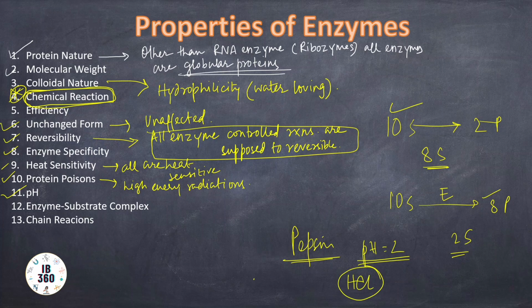Otherwise, pepsin wouldn't be active. Salivary amylase, which is also known as ptyalin, is active at almost pH 7, or 6.8 to be precise, in our mouth, in saliva. So all these things show that enzymes are highly specific in nature.